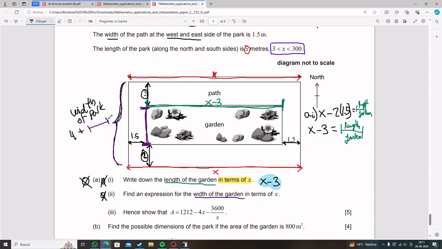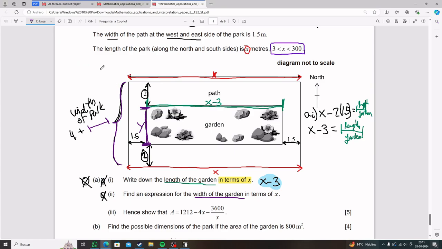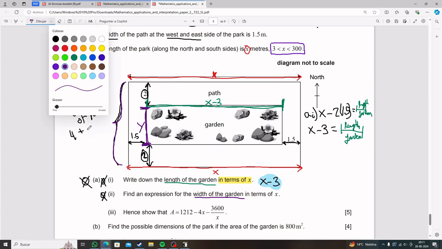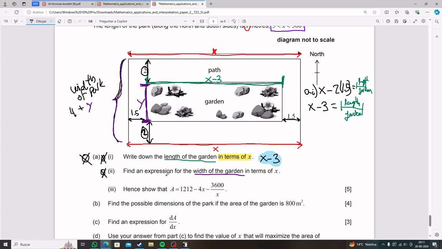And just so that we keep this clean, we're going to call the line in purple y. So the width of the park has to be 4 plus y. So how can I try to find y? Because at the end of the day, we need to find an expression for the width of the garden, which we're not calling y, in terms of x. So you want to reach y equals something something x.